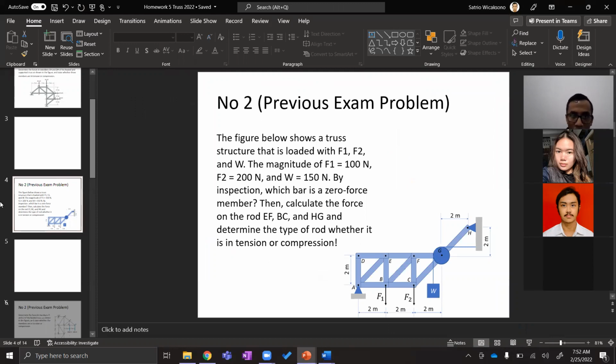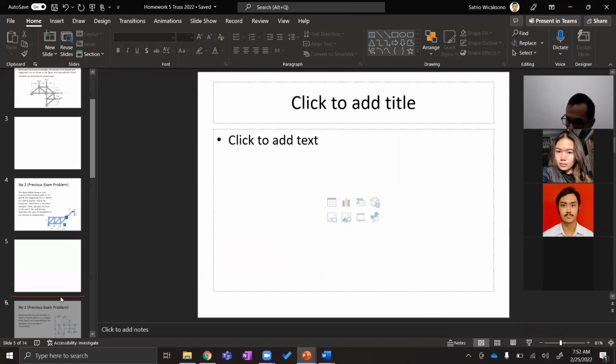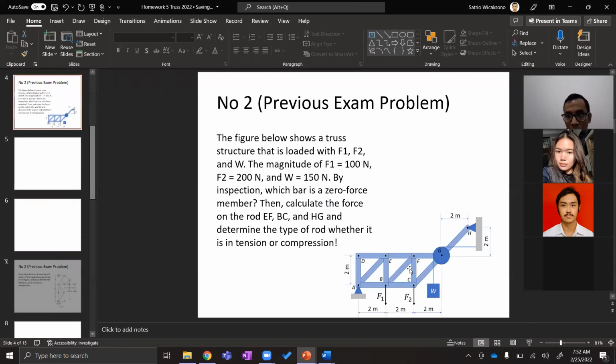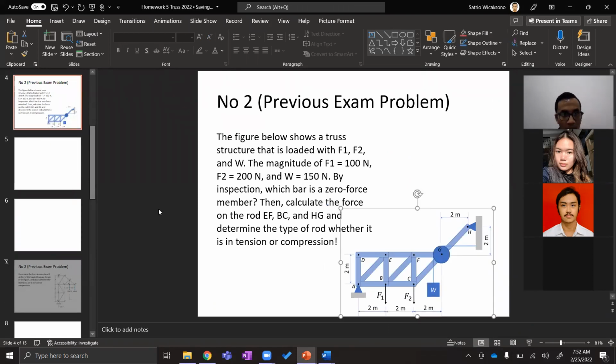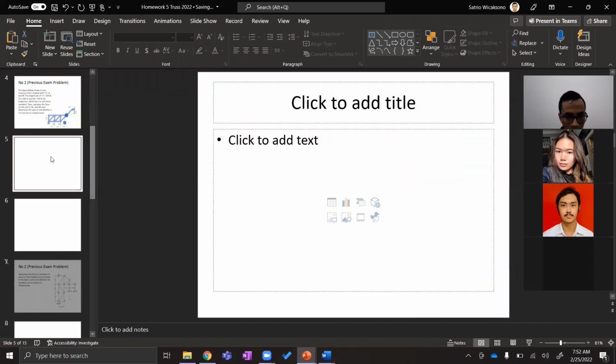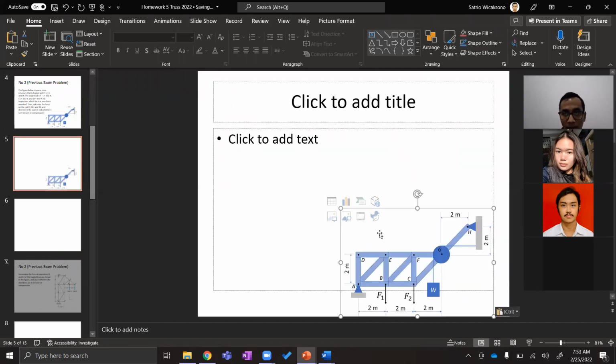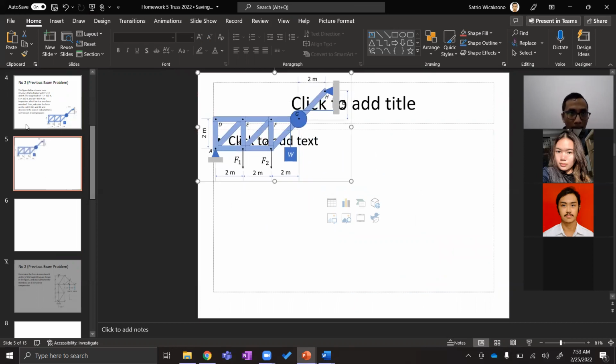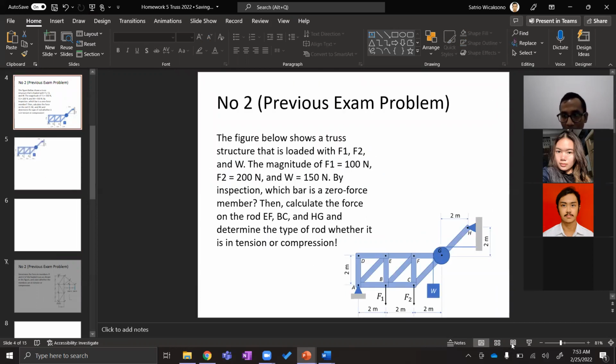Actually, I planned to make it your homework, but I changed my mind. I believe it is better for us to just use this and discuss it today. First let's look together at this particular problem and then solve it together.